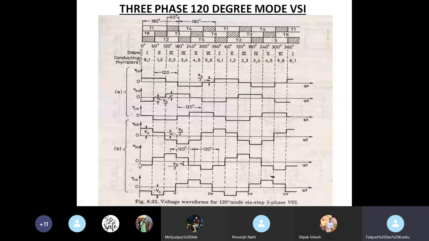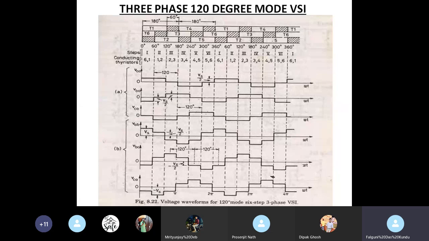Similarly for VBC, VBO minus VCO. During the time interval 0 to 60 degree, VBO is minus Vs by 2 and VCO is 0, so that is minus Vs by 2.